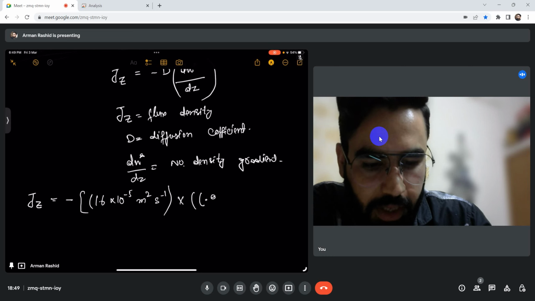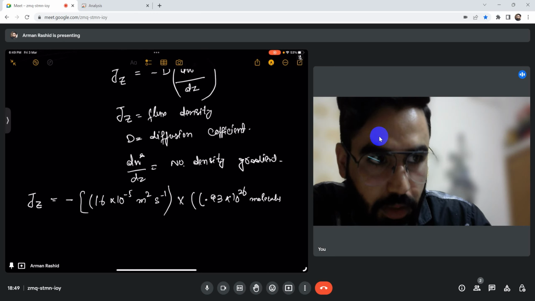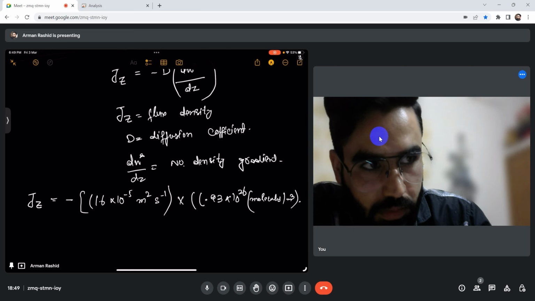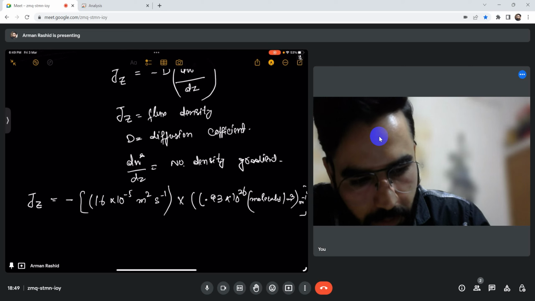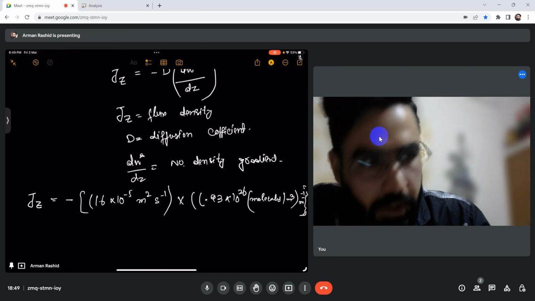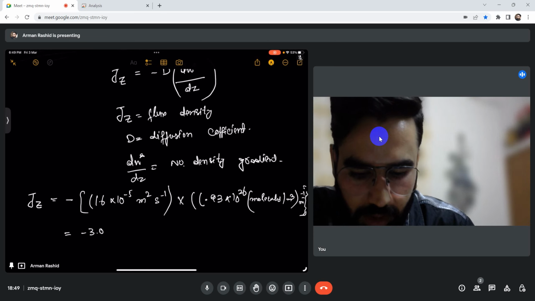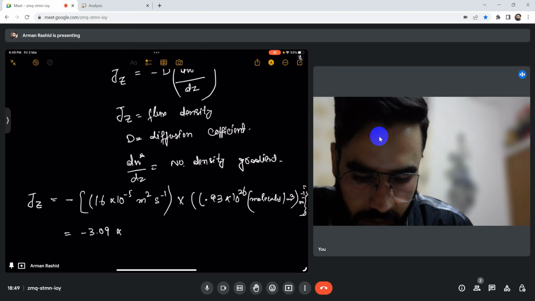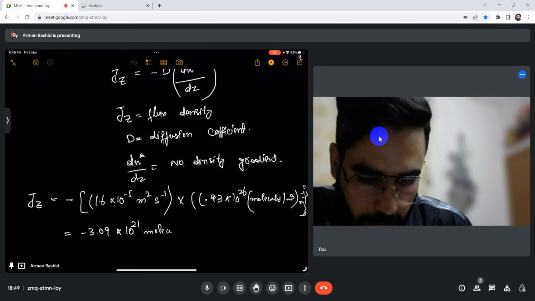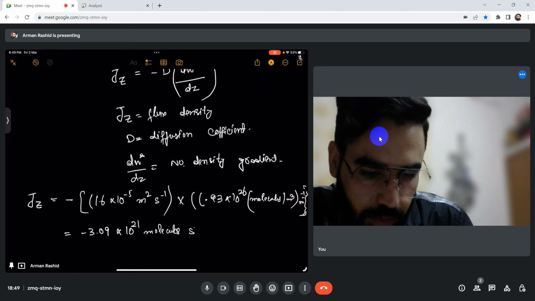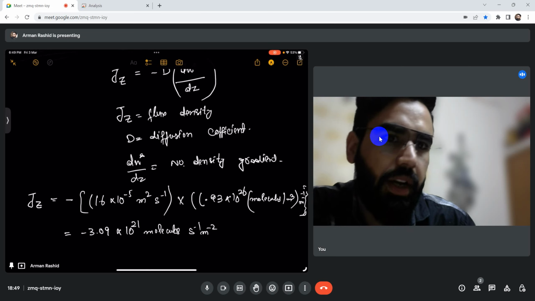We have calculated that 1.93 into 10 to the power 26 molecules per meter cube per meter, right? Okay, so using this we can calculate this to be 3.09 into 10 to the power 21 molecules per second per meter square.